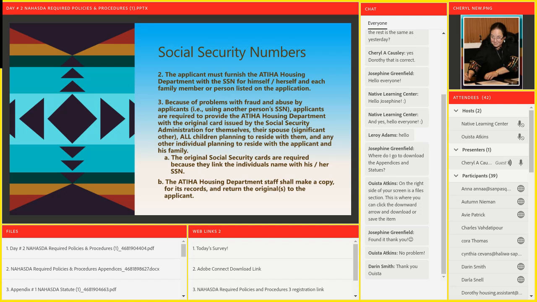All children planning to reside with them, any other individual planning to reside within that household and that applicant family. The Social Security cards are required because they link that individual's name with his or her Social Security number. The ATIHA housing department staff shall make a copy for its records and return the original to the applicant.